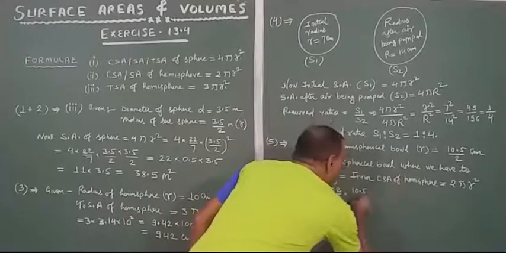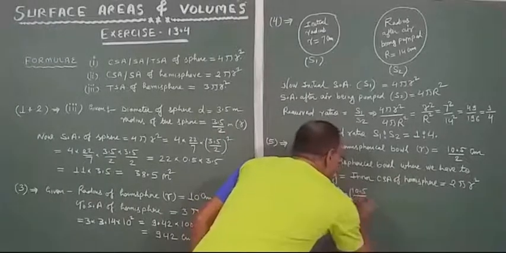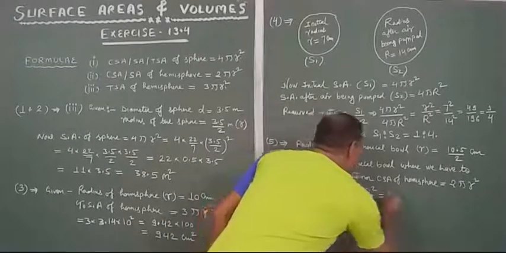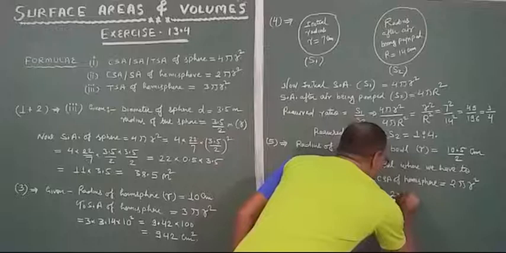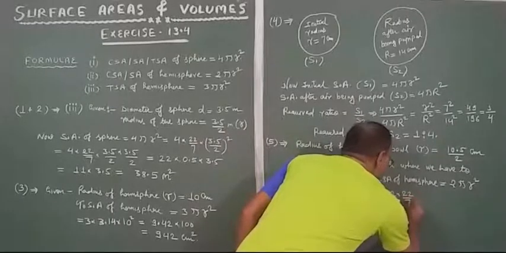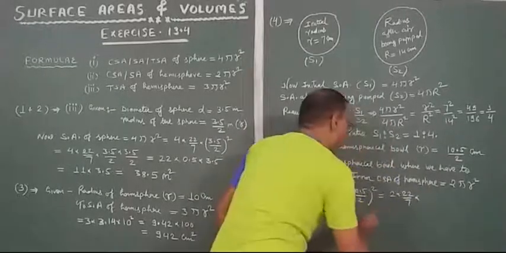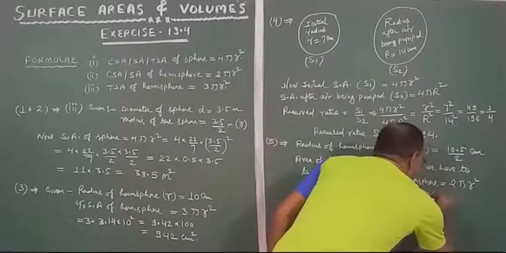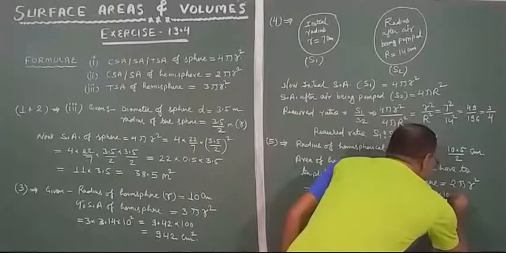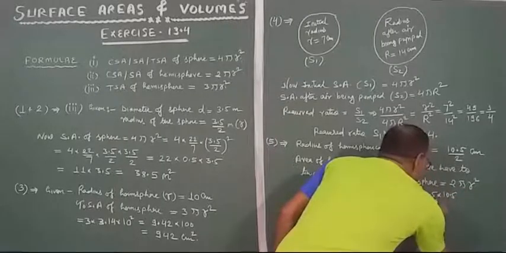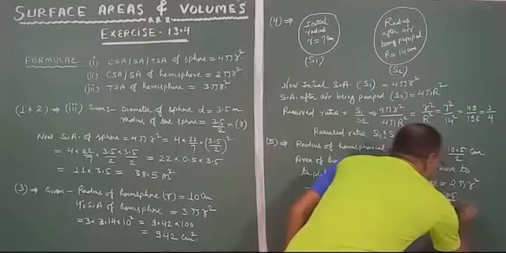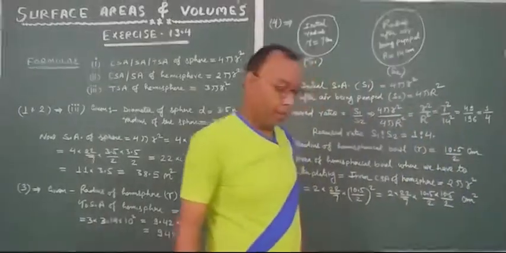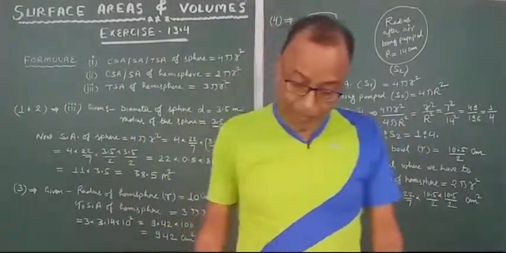Radius is 10.5 upon 2 whole square, that is 10.5 into 10.5 upon 2 into 2 centimeter square.